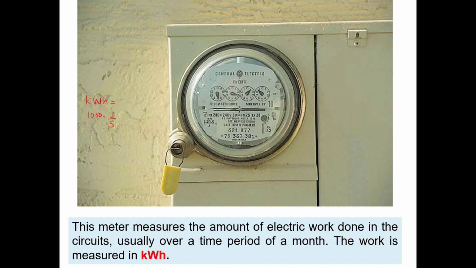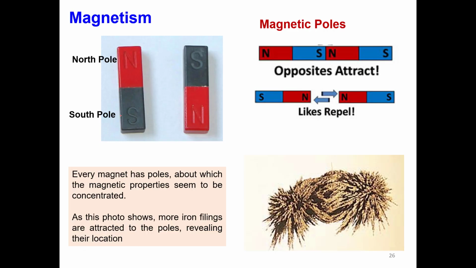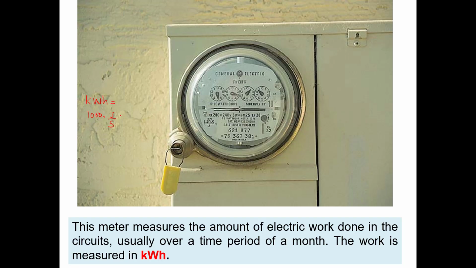And we know in 1 hour, because we want the same units, there are 3,600 seconds. So 1 hour equals 3,600 seconds.